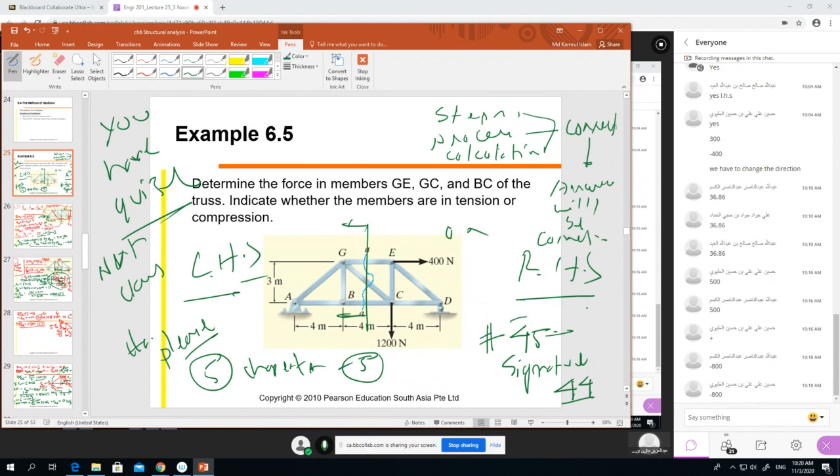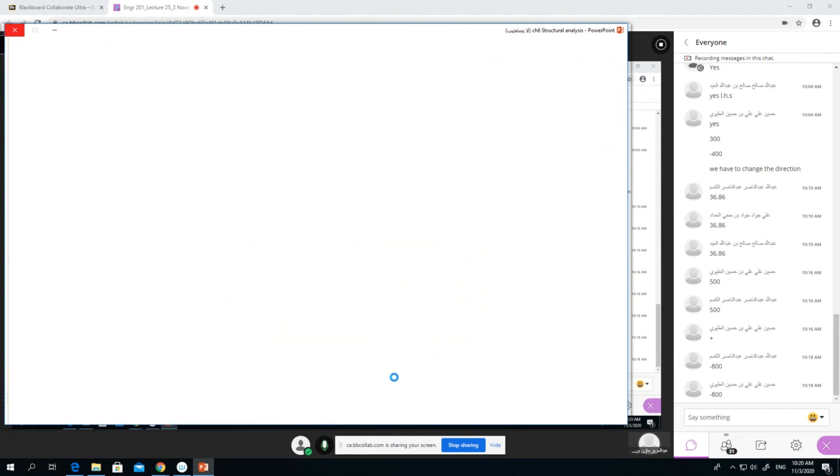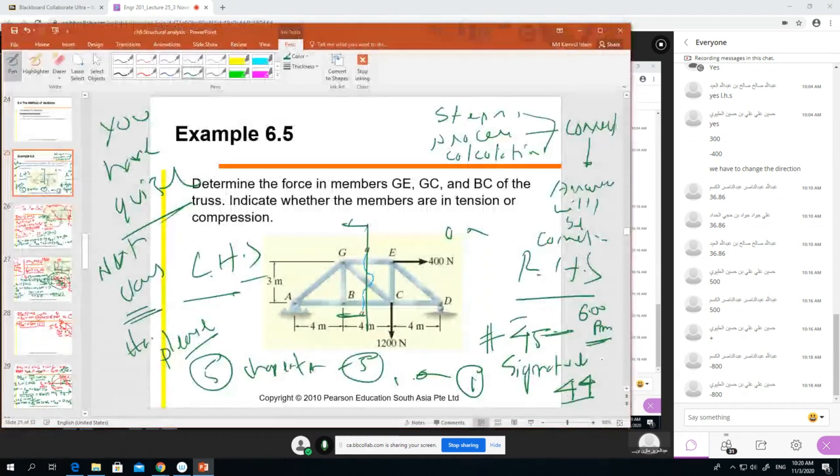If you can give me 45 signatures at 6 p.m., then it's okay. Otherwise, the next class on Thursday is a quiz. I don't want to hear anything, because it's online and how can I collect all this? One student will go to the dean and complain that at the same time he has another quiz. I don't want to hear that.